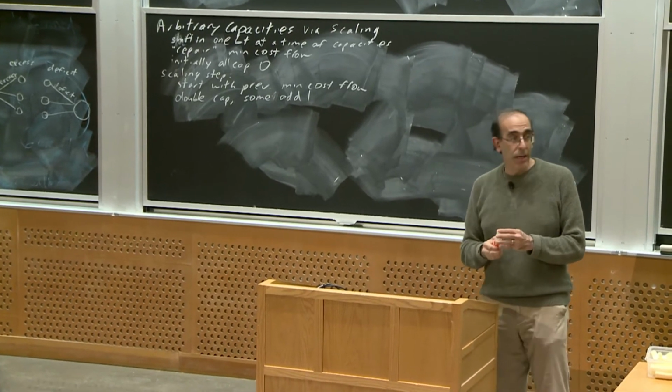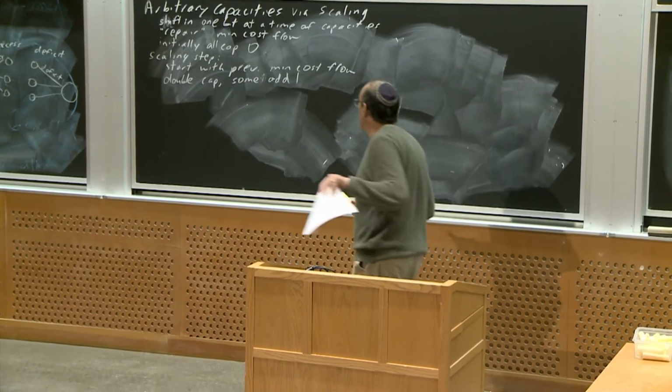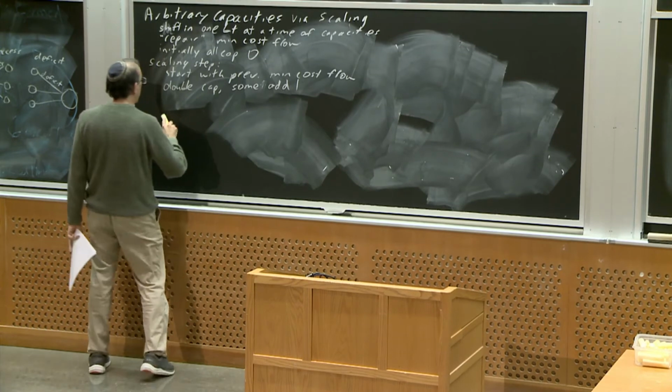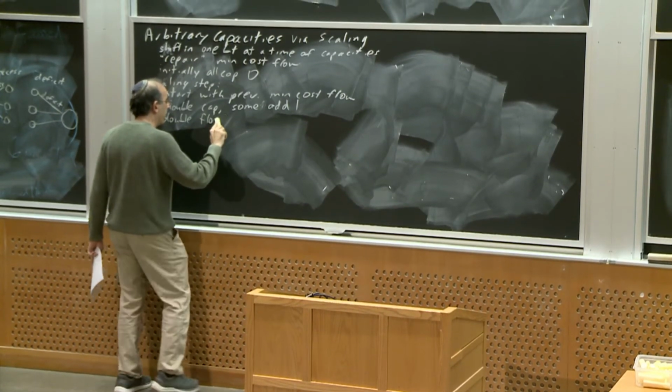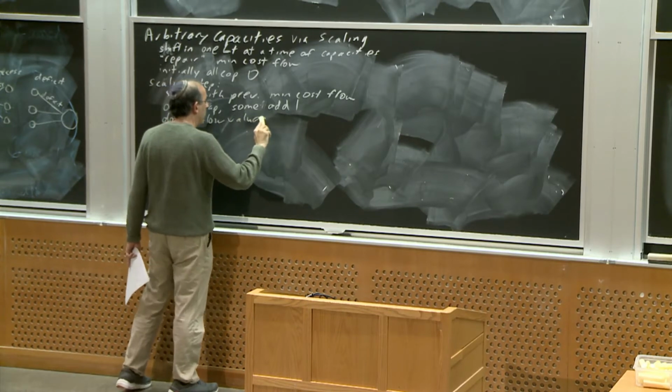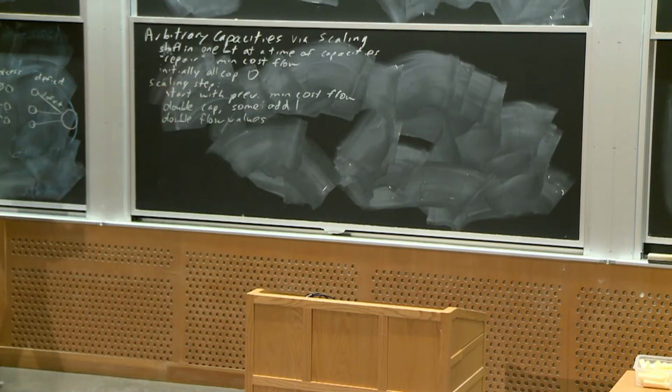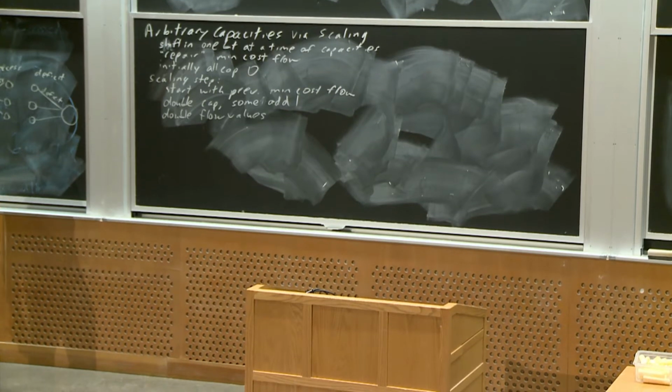One part of the update is very easy: we can double the flow values. That's the obvious thing to do first, because we've created twice as much capacity, we might as well use it. So we get something that's feasible, but it might not be a min-cost flow.